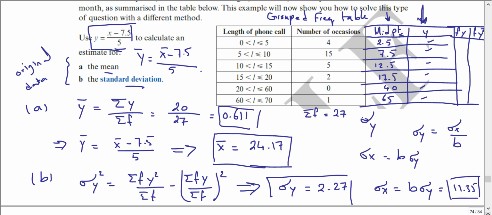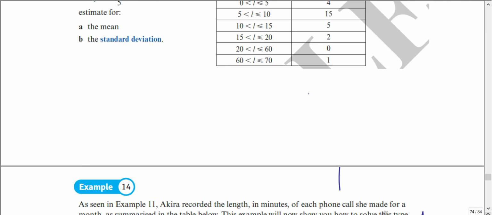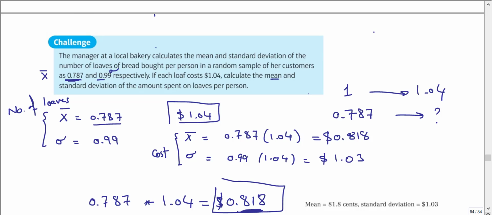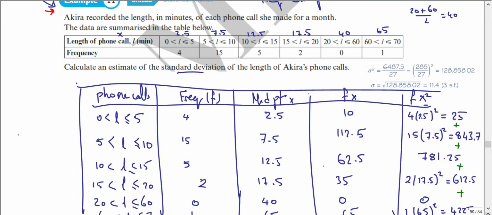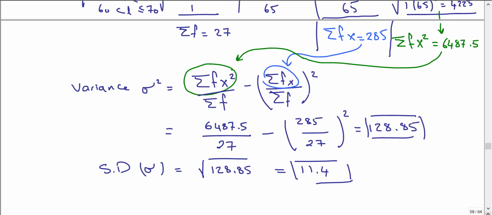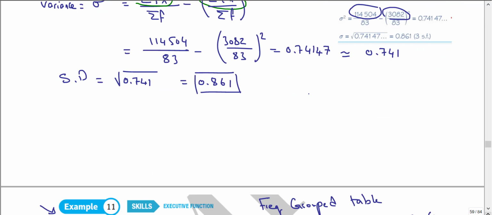But be careful when you calculate the variance, if you want to find the standard deviation and the variance, you have to use the form for frequency. If you go back to the previous lesson, we had a rule. You use it when you have frequency.